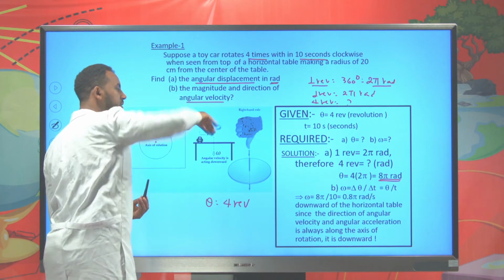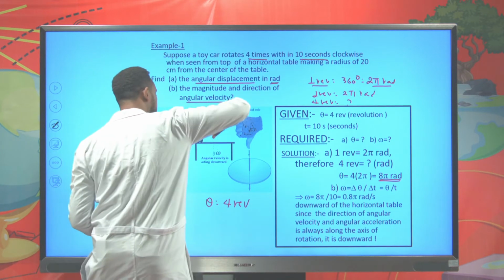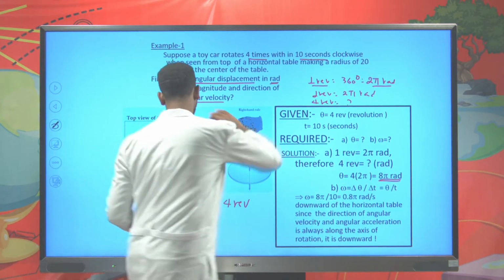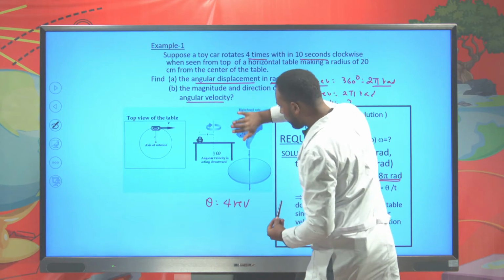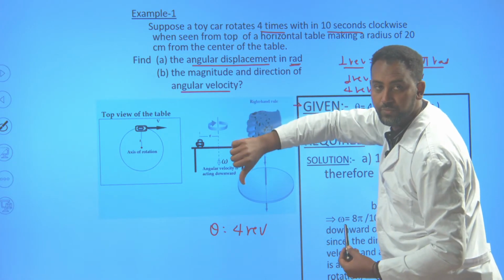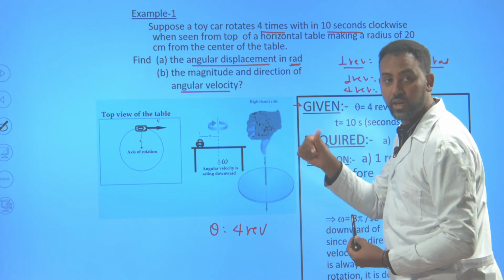As it turns, you have to use your right hand rule or screw rule. You have to grasp with your 4 fingers like this. Since it's rotating clockwise from the top, your thumb points downward. So downward is the direction of the angular velocity.